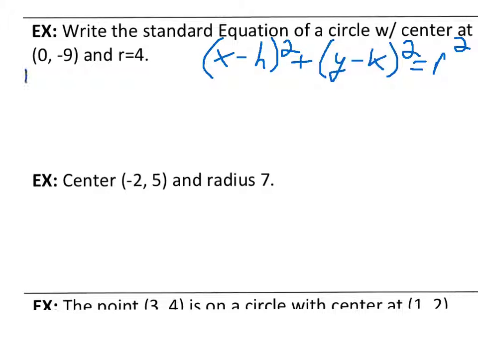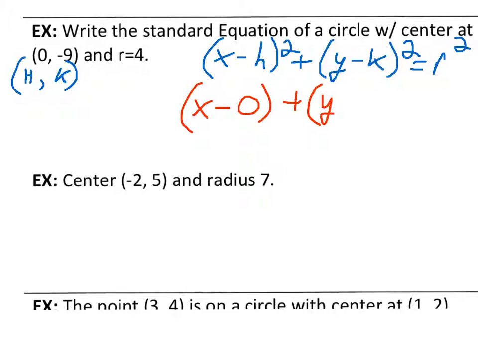So h is 0 and k is negative 9. So all I have to do is plug this stuff into the equation. I'm going to have x minus, what's h? H is 0. X minus 0 plus y minus a negative 9, and those things are both squared. Equals, my r is 4, so equals r squared.